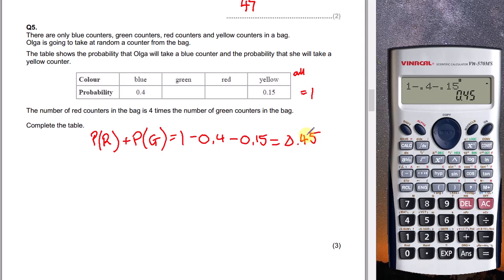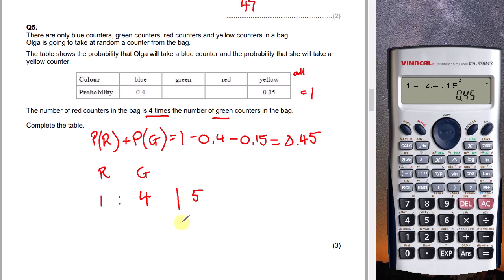Now, here's the big trick that people will fall into. There are 4 times as many green as there are red. So that actually means that the probability of green is going to be 4/5 of this number. So we've got red to green, and we're going to do it as a ratio. For every 1 red, there are 4 green. That gives me a total of 5.